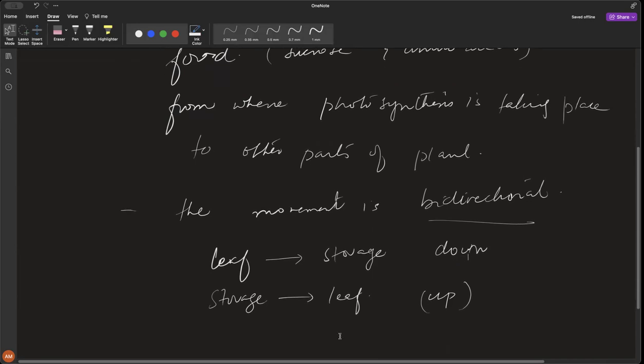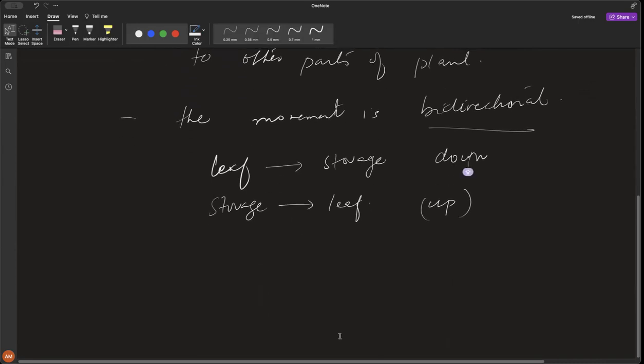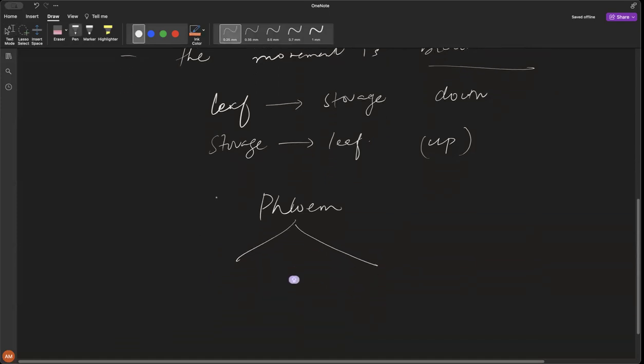So basically, phloem is divided into two main structural components.